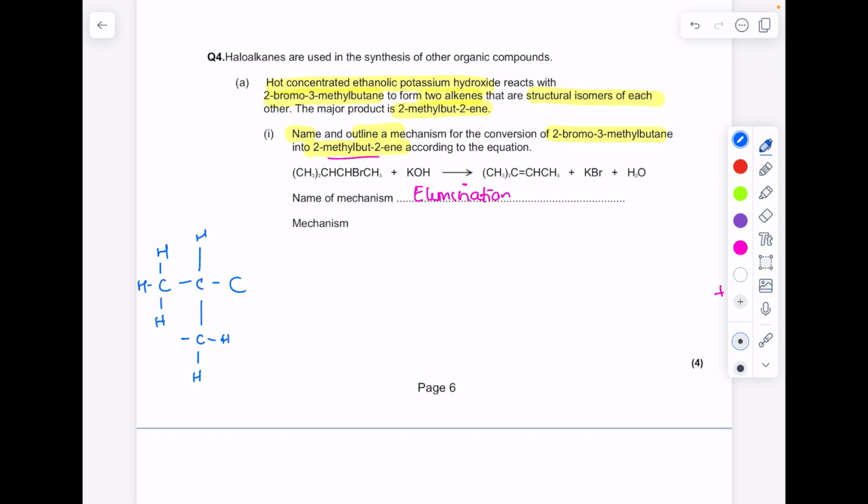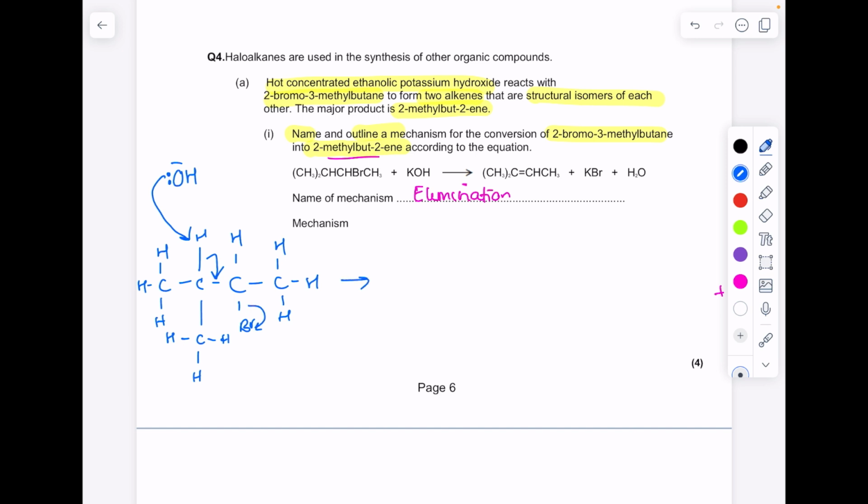Let's start by drawing 2-bromo-3-methylbutane. Here's our hydroxide ion. You do need to bear in mind your final product to make sure that you are actually making 2-methylbutene, so that will dictate which hydrogen the lone pair attacks. It will cause the formation of the double bond there, and we'll lose this bromine. That will be eliminated.